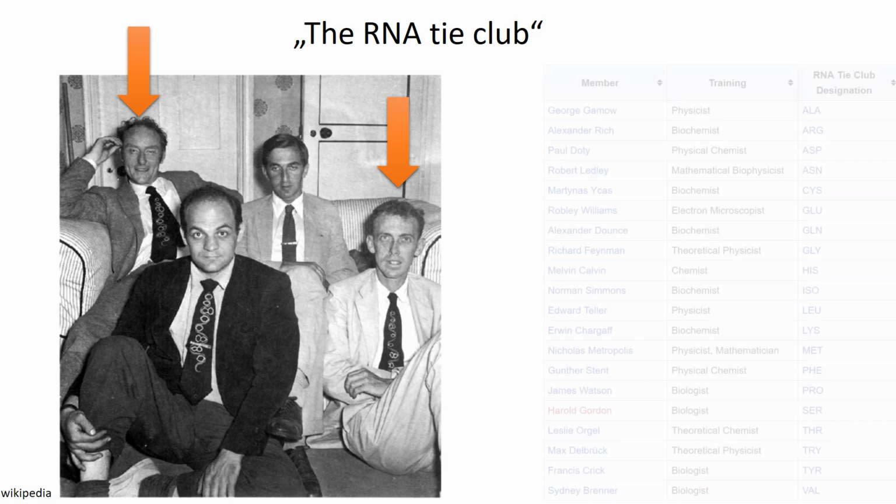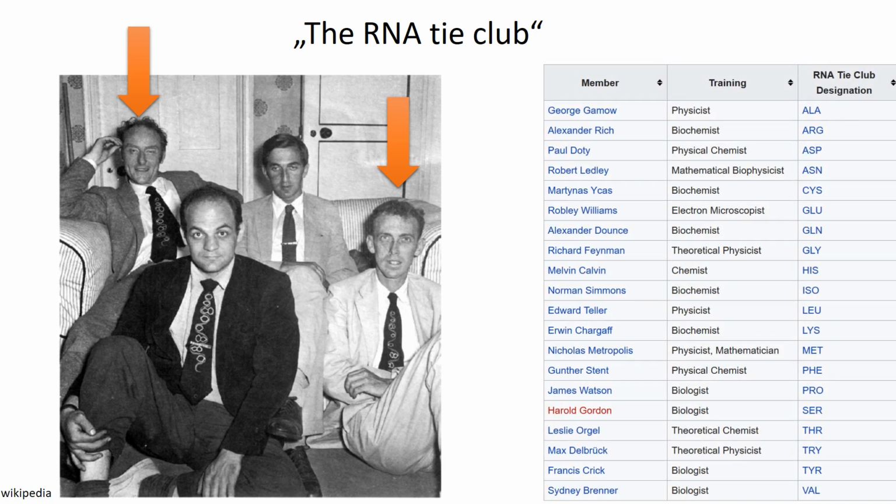And in fact, when you look at the list of scientists that came together in order to solve the riddle of the RNA structure and to understand how it builds proteins, you will find also names that you did not necessarily associate with biology. However, together they came up with brilliant ideas.